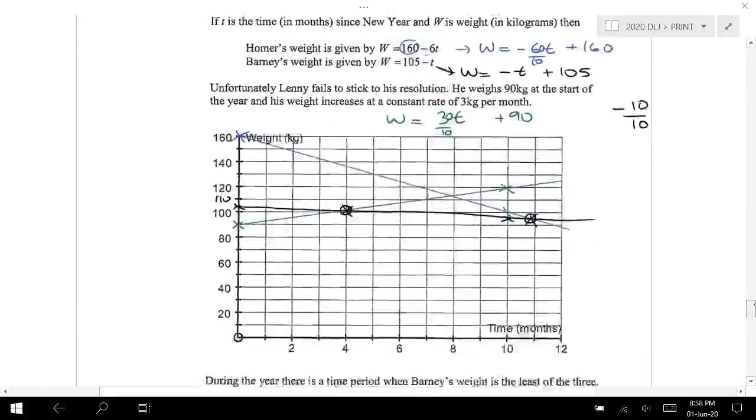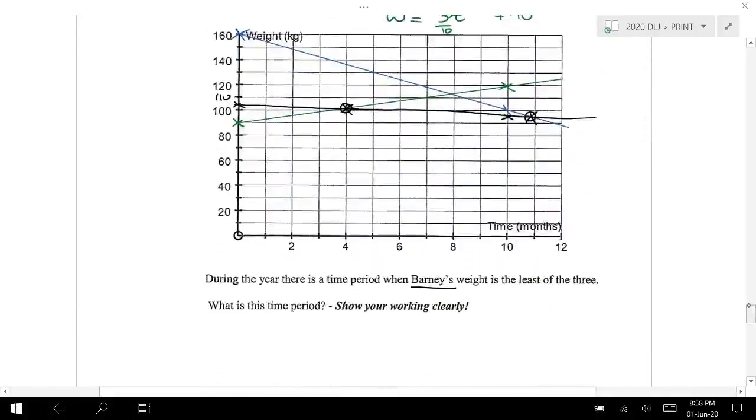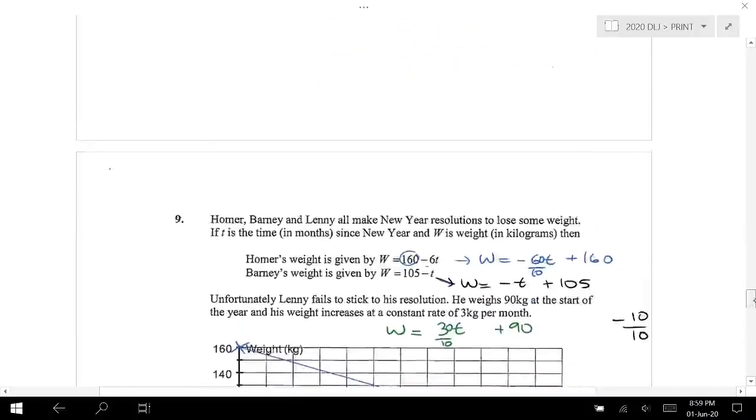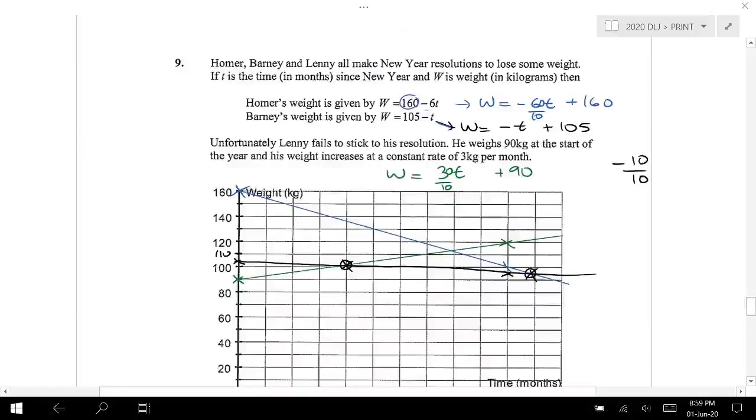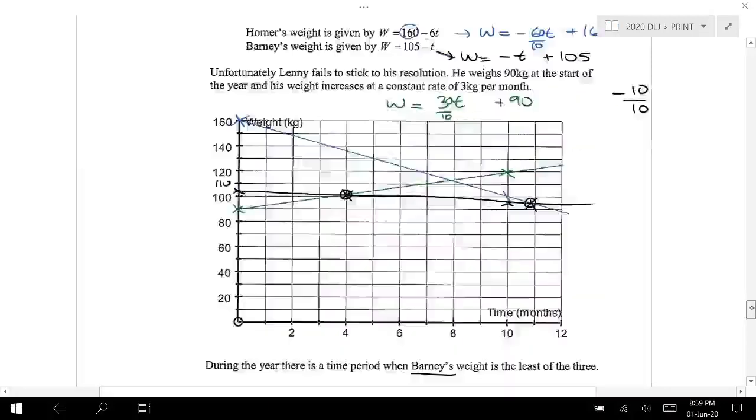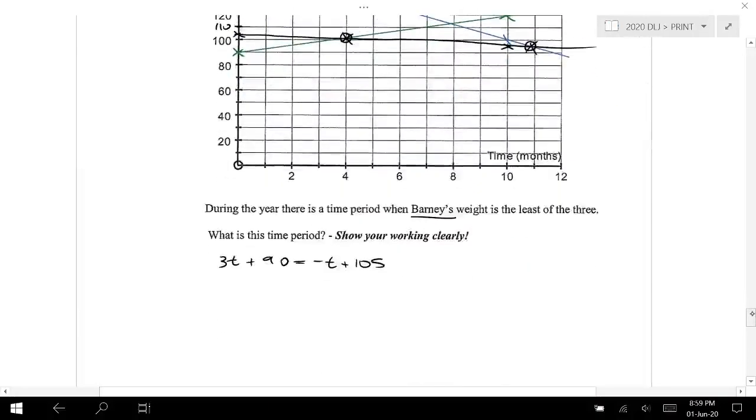So 3t, this is Lenny's one, plus 90 is equal to Barney's weight, negative t plus 105 from above. I did change Lenny's to simplify it for the algebra.